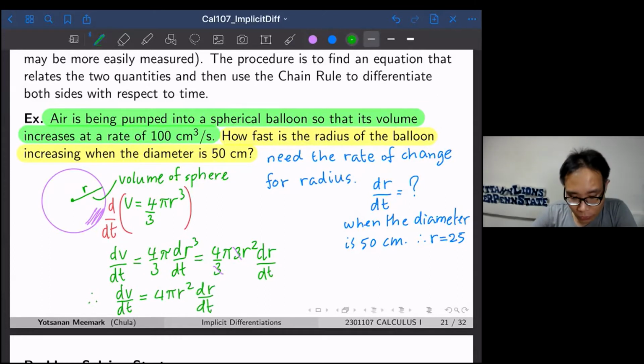You know that the air is being pumped into the spherical balloon so that the volume increases at the rate of 100 cubic centimeters per second. This implies that dV/dt equals 100 cubic centimeters per second.